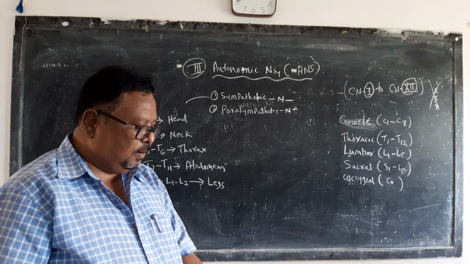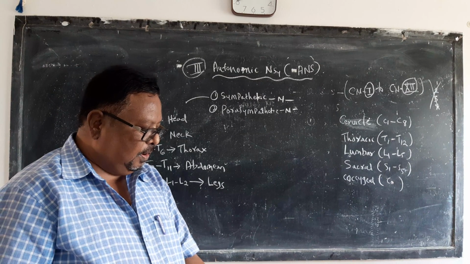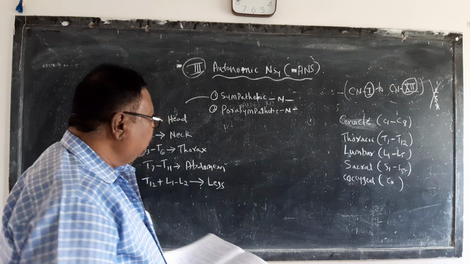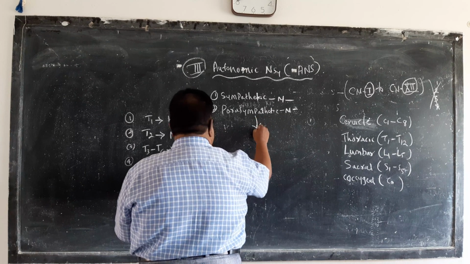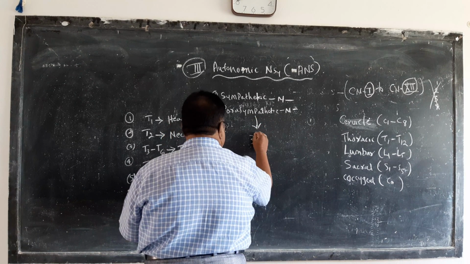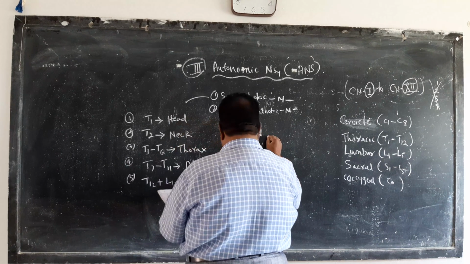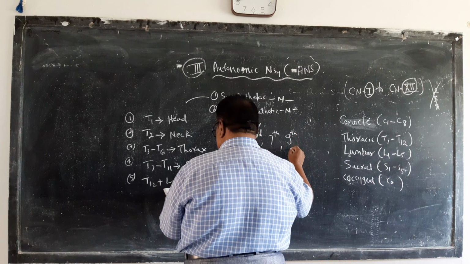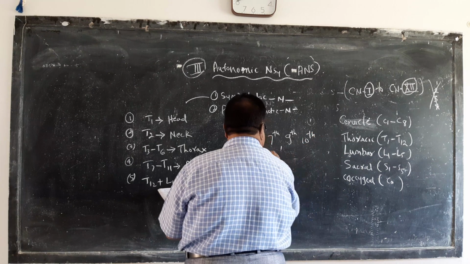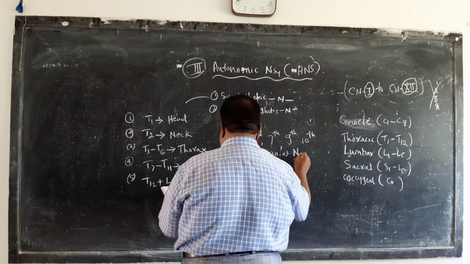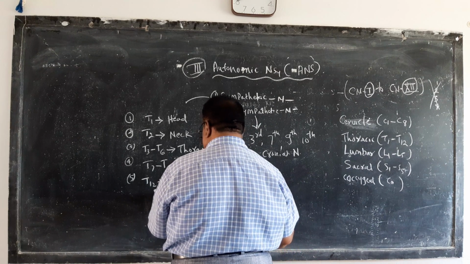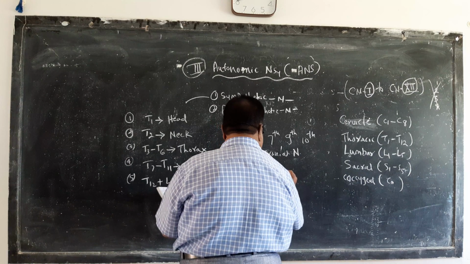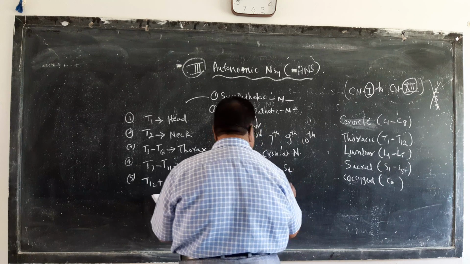The parasympathetic fibers originate in the central nervous system through cranial nerves 3rd, 7th, 9th and 10th and through S2, S3 and S4 sacral nerves.